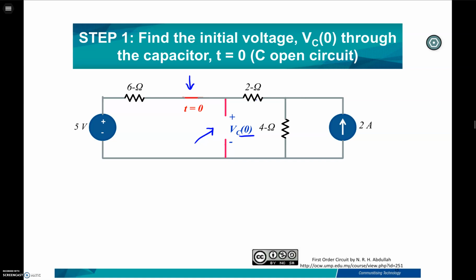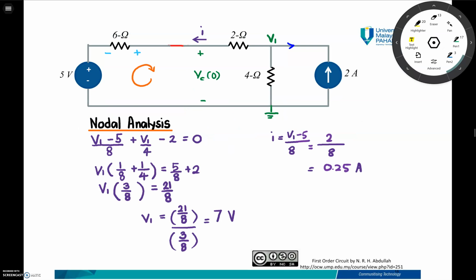So in order to find the VC node, you can use any suitable methods such as mesh, nodal, superposition, and all the suitable theorems that you already learned previously. I choose nodal for solving this circuit.